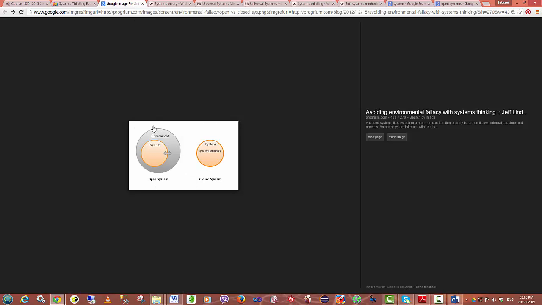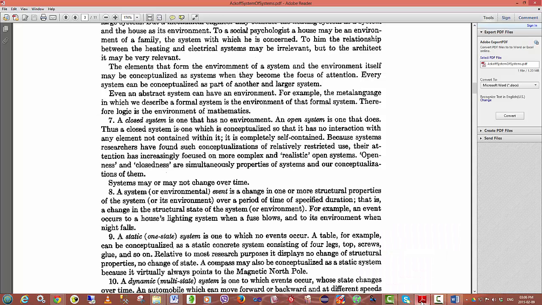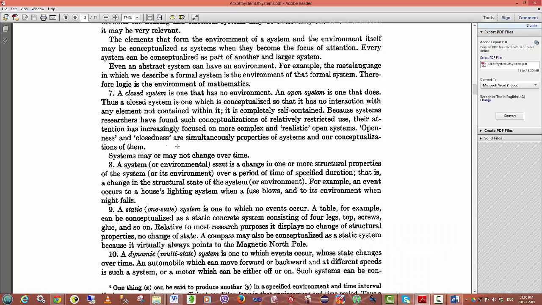In general, when you're conceptualizing systems, a system which is considered open sits within an environment and has some kind of basic interaction with that environment that flows across the system boundary. Whereas a system that does not have an environment is considered closed because it's not interacting or taking input from any environment. So they are completely self-contained.